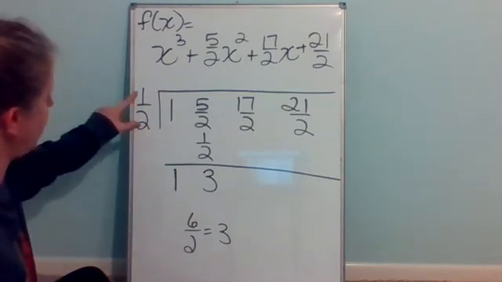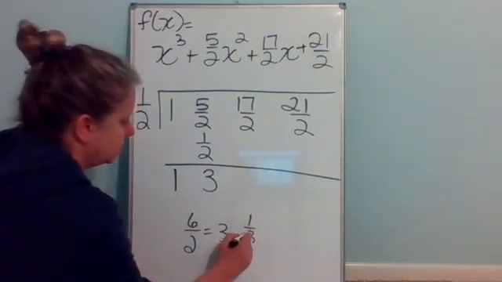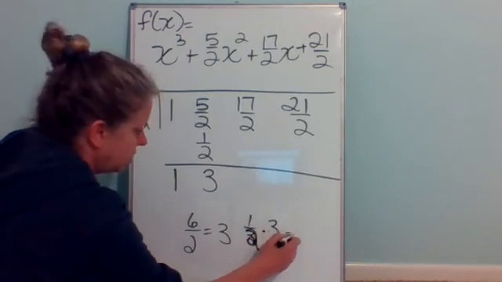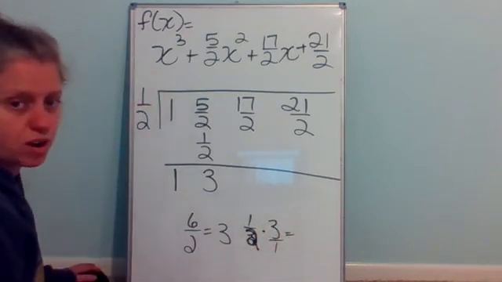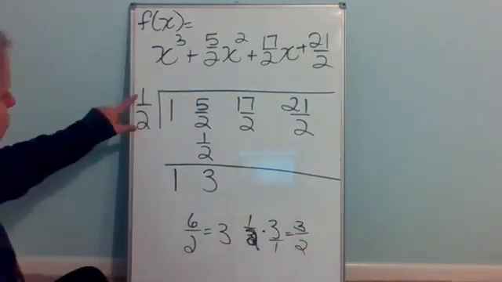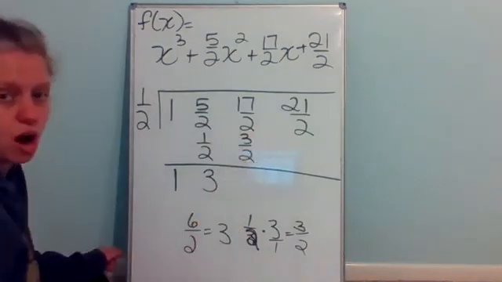Now you've got 1/2 times 3. Well, if you do that, 1/2 times 3, if you multiply straight across on top and bottom, you're going to get 3 over 2.